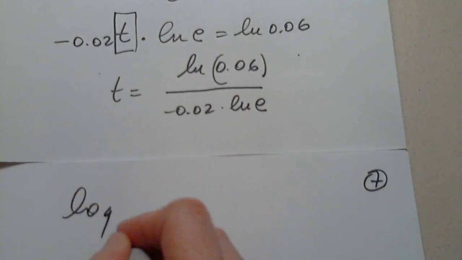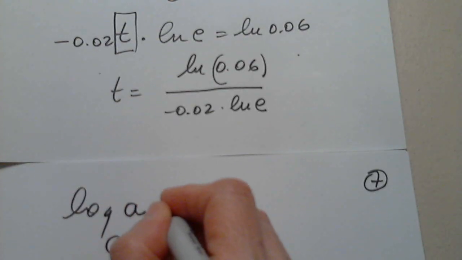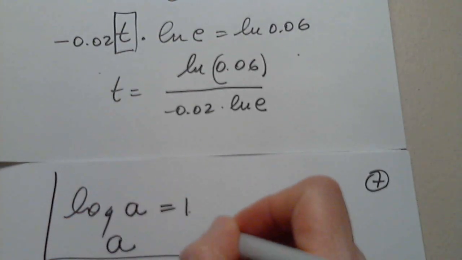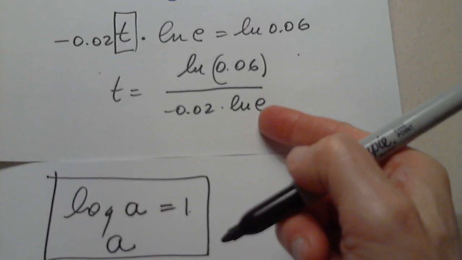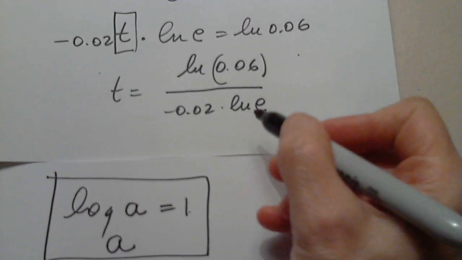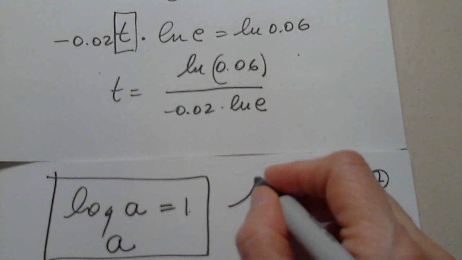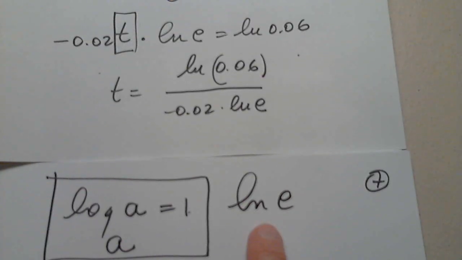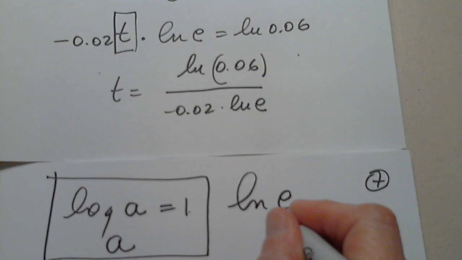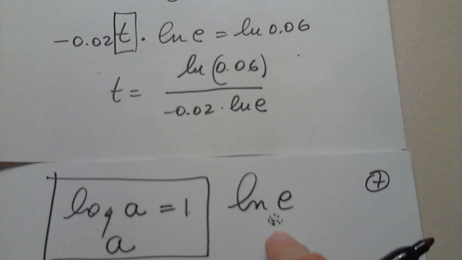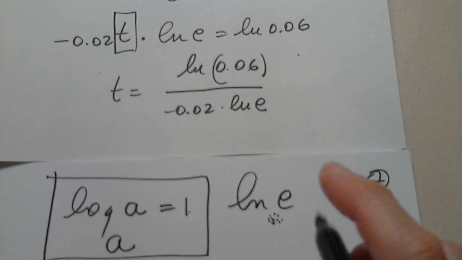Log in any base of the base is 1. What is the base of natural log? Can anyone refresh our memory? What is the base of the natural log? What do I put here? Look at the key. Yes? 10. That will be log.